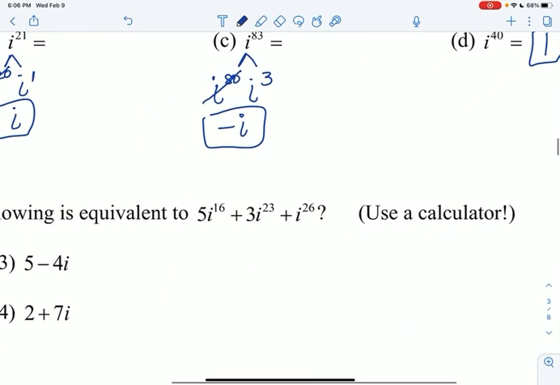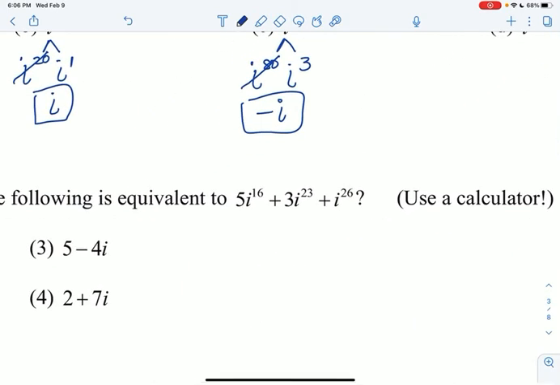Last problem here. If you have a newer calculator, you can do this right in your calculator. If you don't have a new calculator, you can't do it in your calculator. So I'm going to do it out. 5 is just hanging out, 5. i to the 16th is a factor of 4. It equals 1. Okay, that first part's pretty easy. 3 is hanging out. i to the 23rd is not a factor of 4.